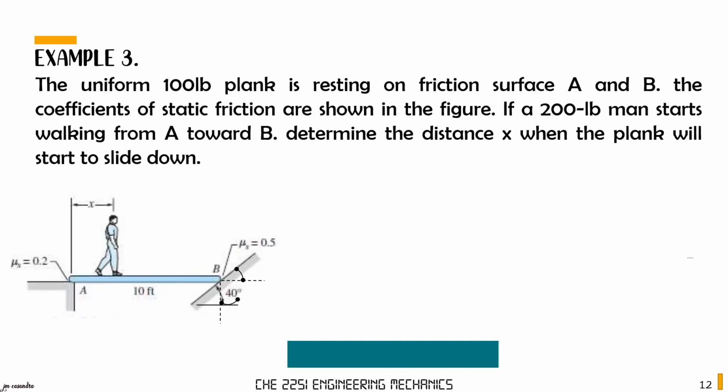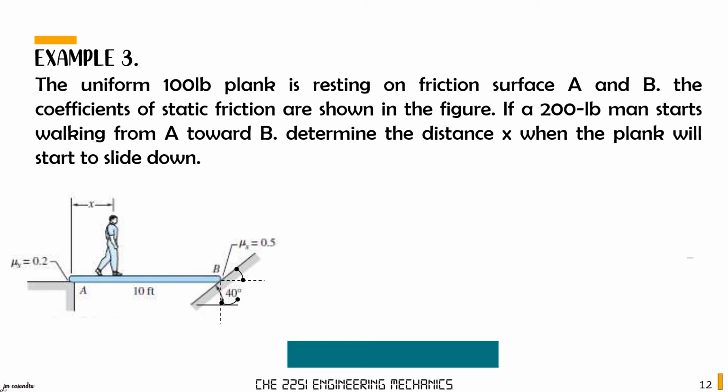So next we have the uniform 100-pound plank resting on friction surfaces A and B. The coefficients of static friction are shown in the figure. If a 200-pound man starts walking from A toward B, determine the distance x when the plank will start to slide down.